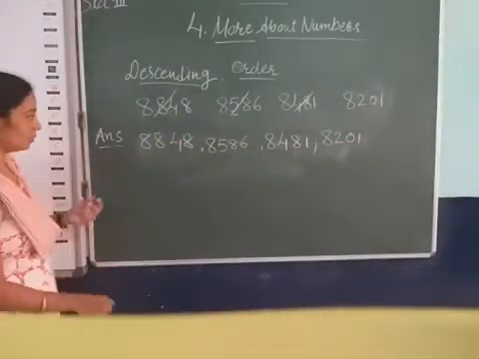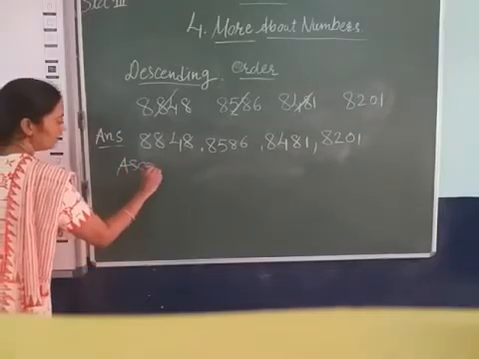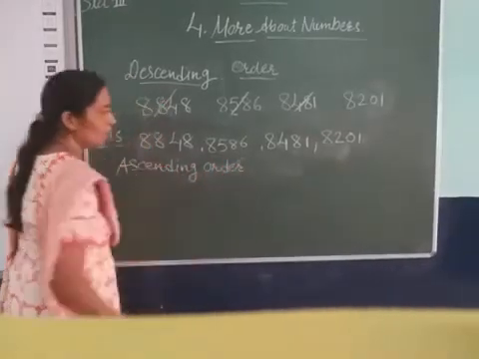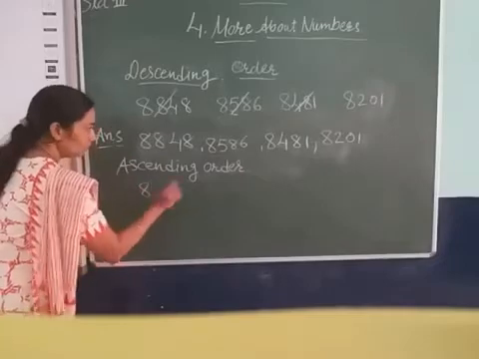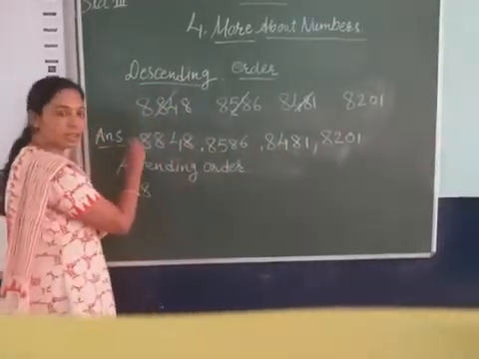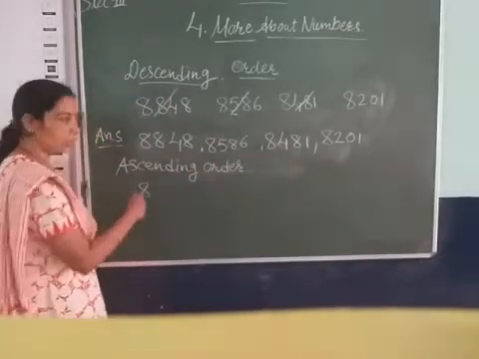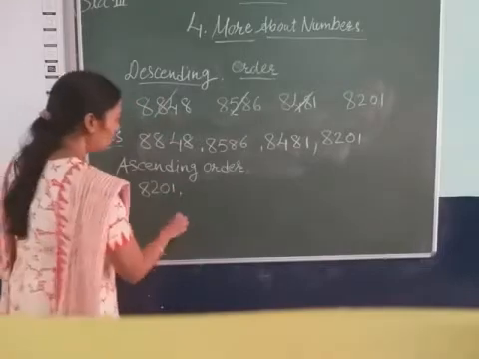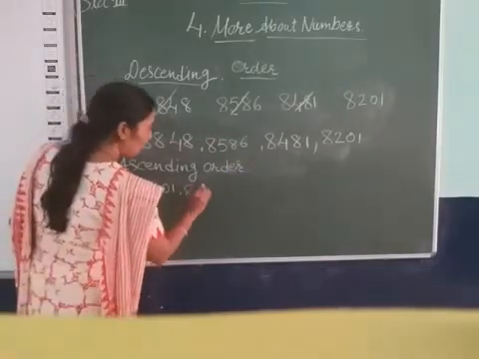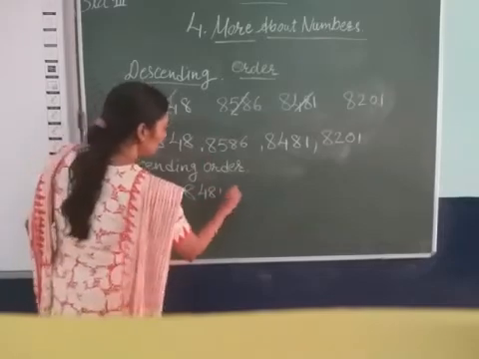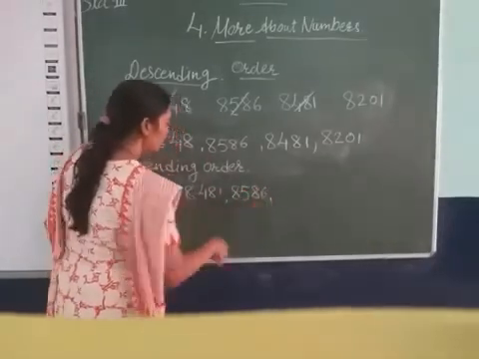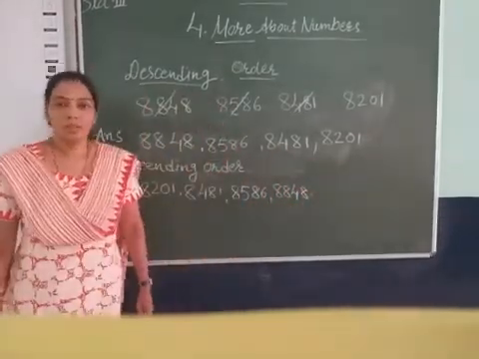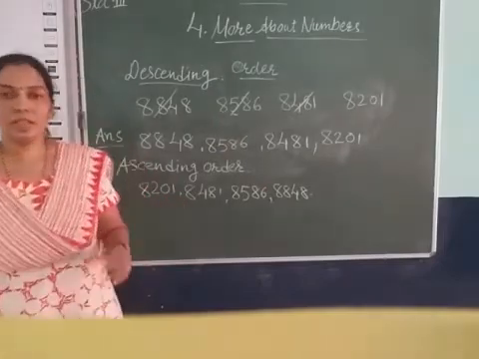In ascending order we start from the smaller, because descending is greater to smaller and ascending is smaller to greater. So we write first the smaller number 8201, put a comma, backward writing: 8481, 8586 and 8848. Yes, so this is our point, ascending order, descending.